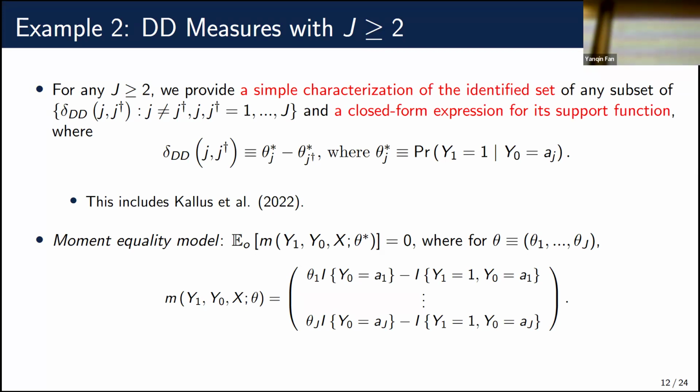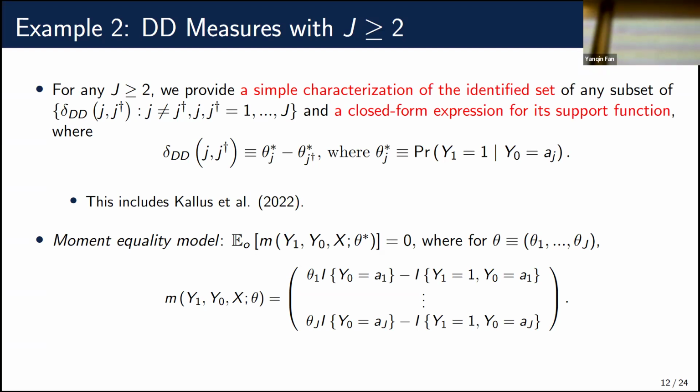We can write it as joint probability, and then divide it by the marginal. And the probabilities are expectations. So this is a moment function for theta 1, and we can do this for all thetas. So we put all these thetas together, and that's our vector theta. And theta star must satisfy this moment condition. Okay, so this is our model.